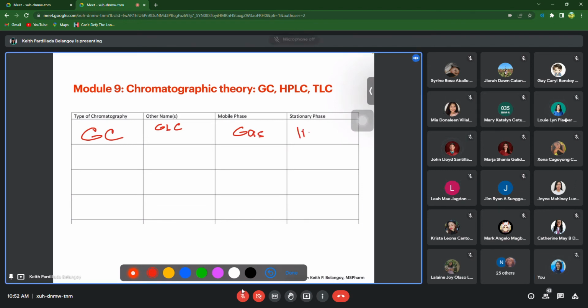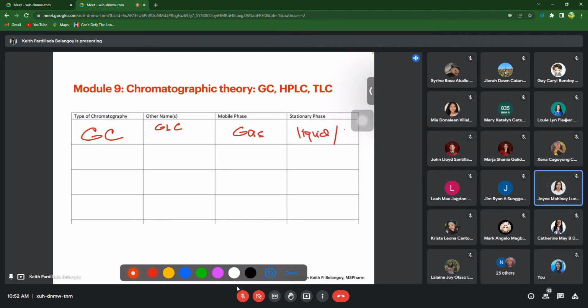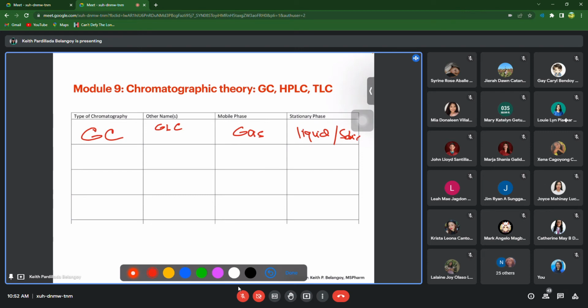So when it comes to the exam, it won't be in a table, so maybe I will just directly ask which one is the mobile phase for GLC. Okay. Let's have TLC. Other names, maybe, let's say none. How about the mobile phase for TLC?